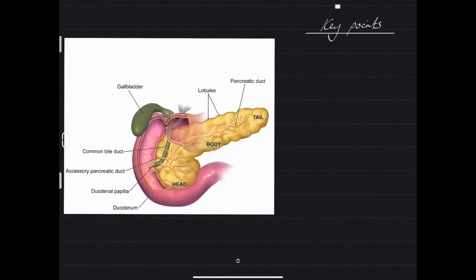Now, the gallbladder helps in this, because the acidic liquid coming from your stomach needs to become an alkaline mixture in the small intestine. As we said, the enzymes secreted into the small intestine work well in alkaline conditions. So this alkaline environment is brought about by the liver making a green-yellow alkaline liquid called bile.